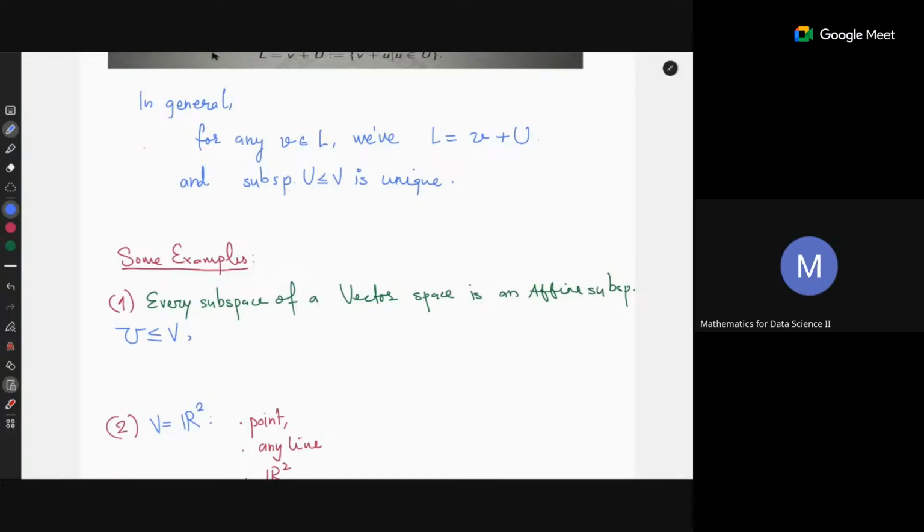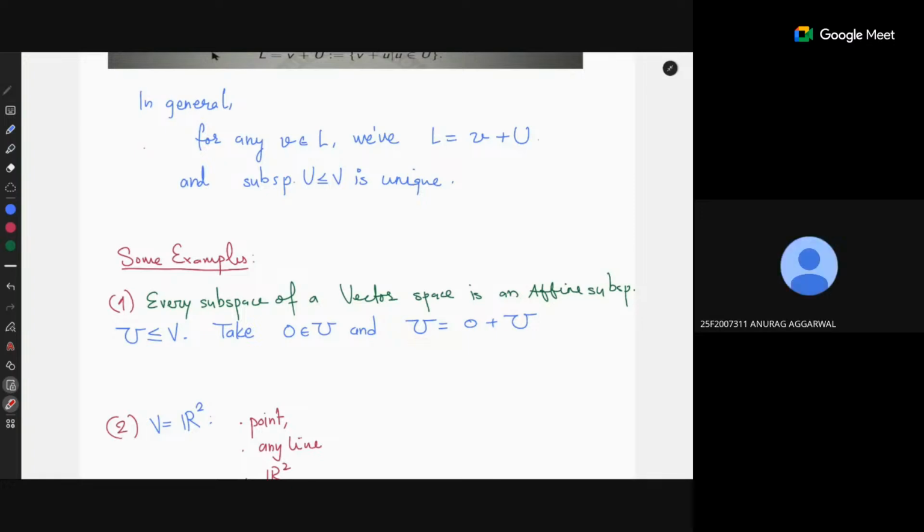Zero vector is always in U. So take the zero vector in U, and we have U as zero vector plus U. So there exists a vector zero and the subspace U. You will take the same subspace, so you can express it like this. By the definition of affine subspace, this is an affine subspace.